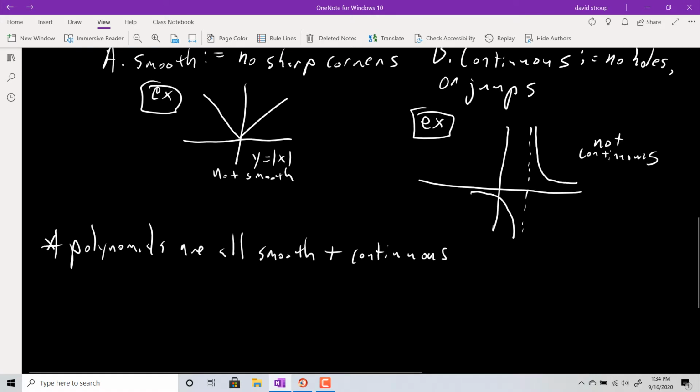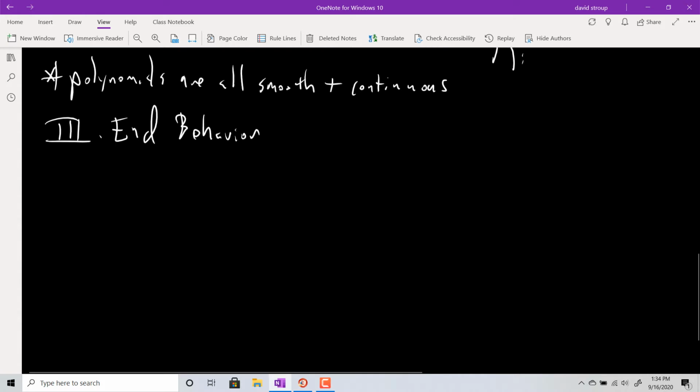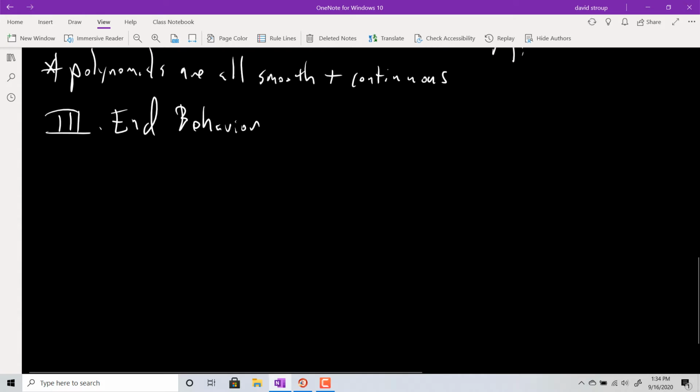Let's look at the end behavior of polynomials in general. The way we figure this out is by looking at the leading coefficient. And I claim you can already kind of do this just based off your knowledge of lines and parabolas.